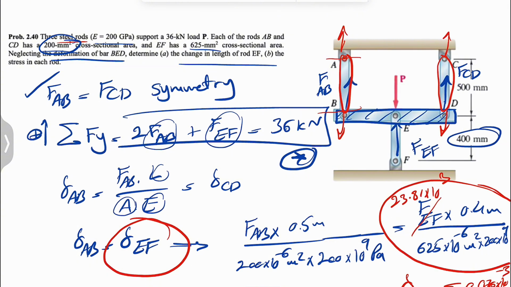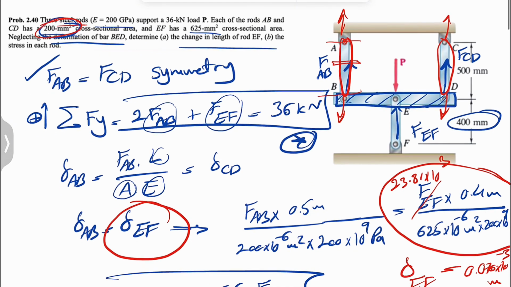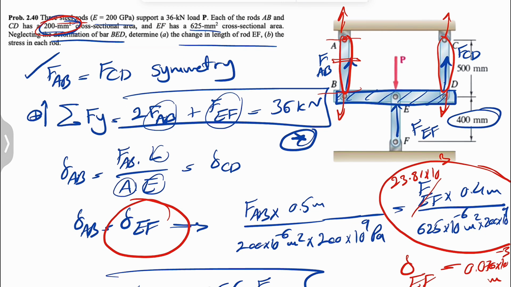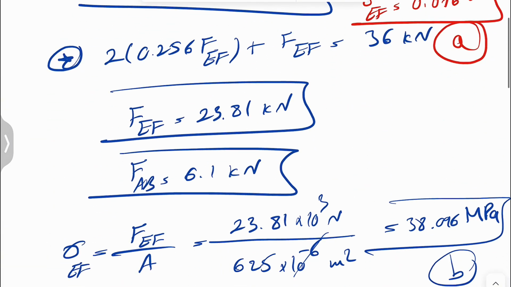That's why we don't consider that area. We just consider the area that the question is giving, which is 200 millimeters squared. So don't get confused by why we are not subtracting the area of the pin: we don't have any information, and the question is not asking about the maximum stress on each rod.